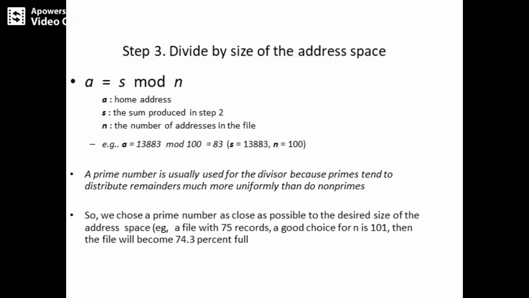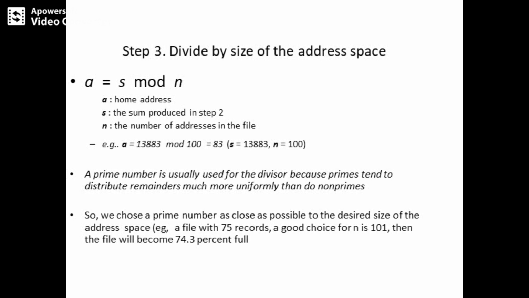One thing we need to consider is that if you mod any number using a prime number, it will make the distribution more random. A prime number is usually used for the divisor because primes tend to distribute remainders much more uniformly than non-primes.